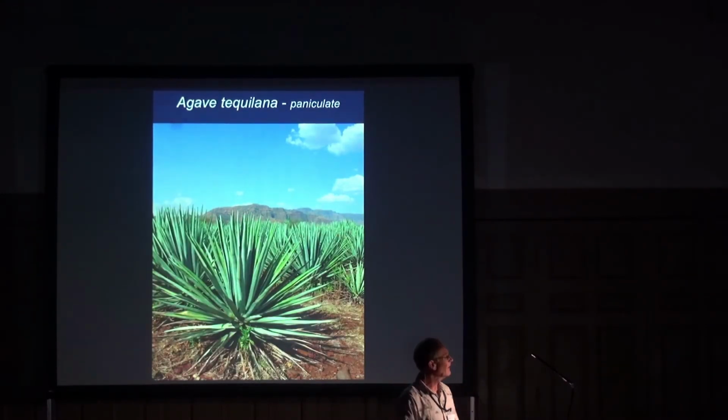Agave teckelana tends to have narrow leaves as well, but it's a paniculate type when it does get to flower. Most of these are cultivated plants. They'll let some go to flowering so they can pull bulbils off of the inflorescence, but for the most part, these things are harvested before they get to flower.